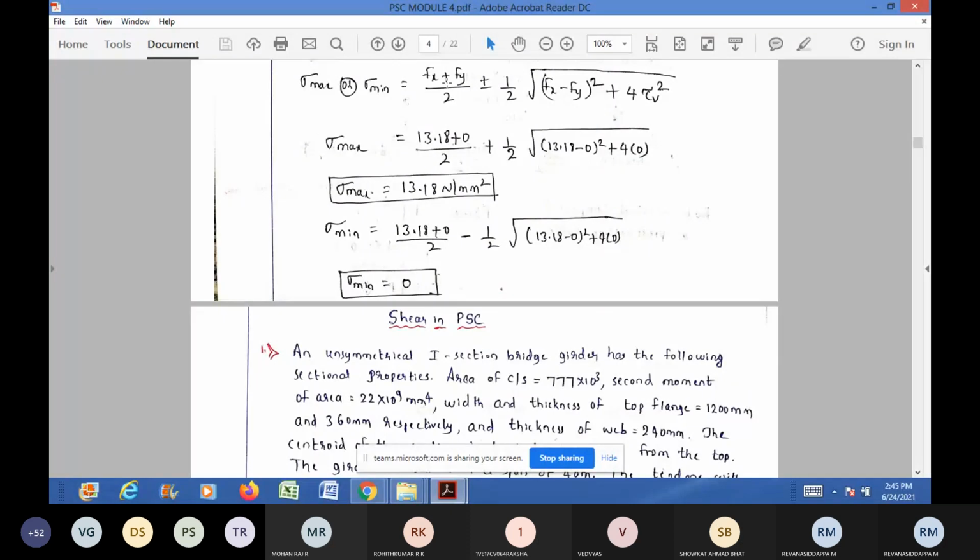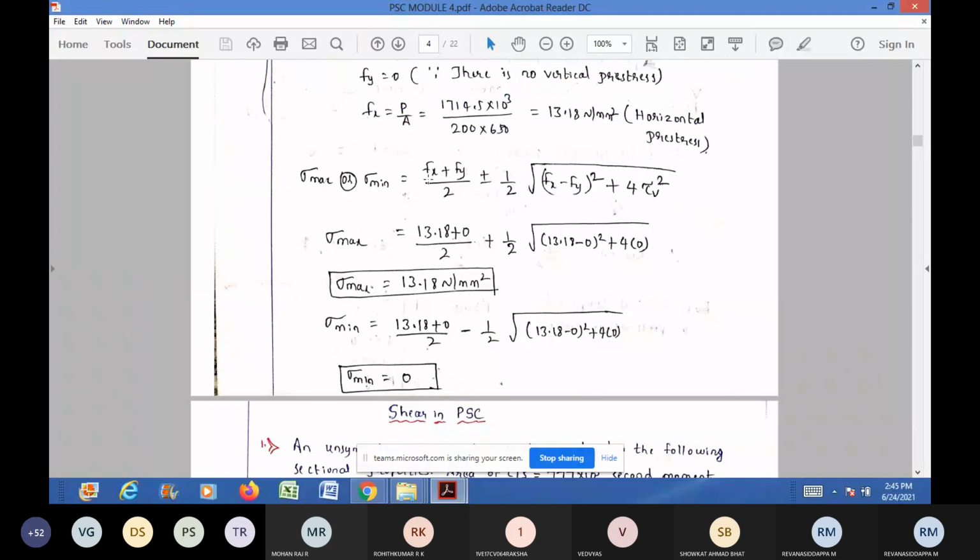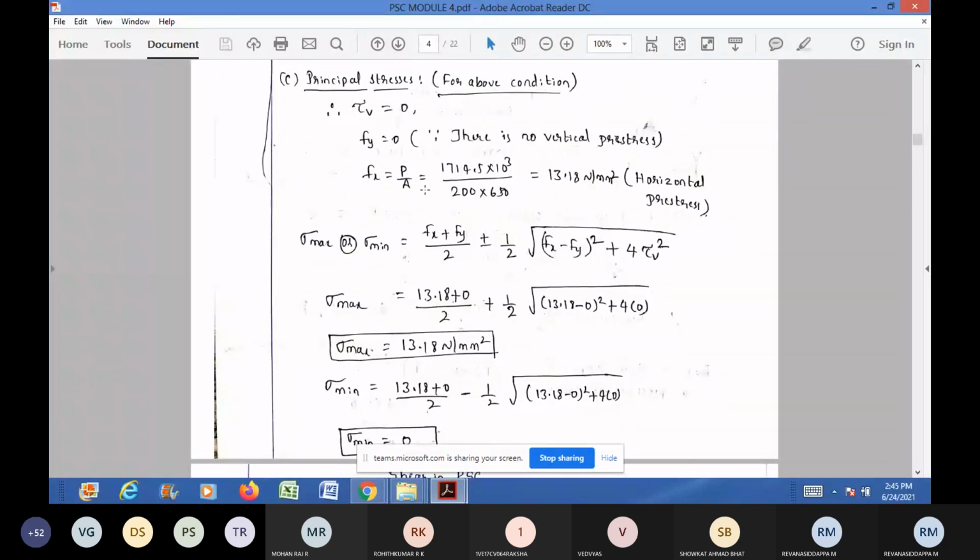Now we will find each individual parameter. Tau v equal to 0. It is given in the problem itself. Now what we need is fx and fy. Fx is the stress due to pre-stressing force in the horizontal direction. Fx is equal to P by A, pre-stressing force divided by cross-sectional area.